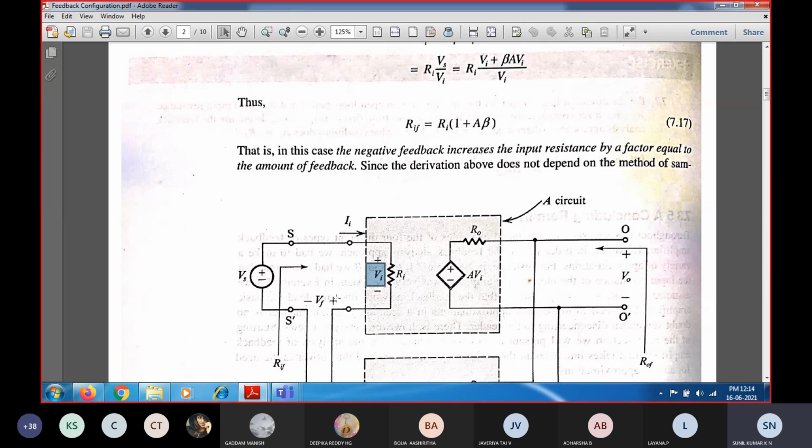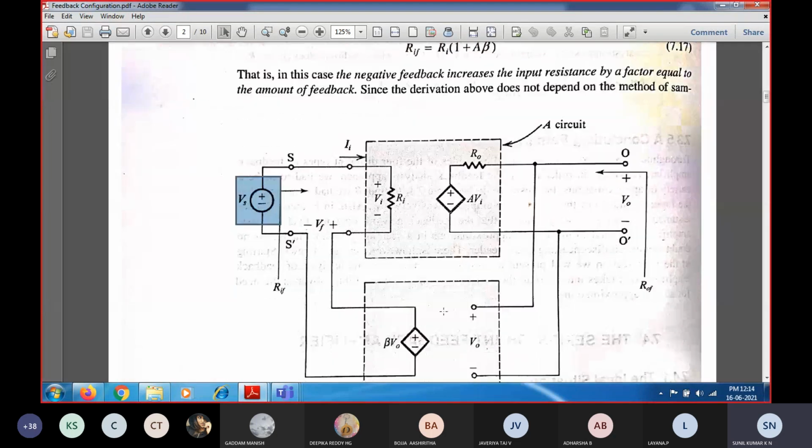This error voltage results from the mixing of the feedback signal with the input source signal. The feedback signal is obtained from the output of the feedback network, and it is mixed across the input side in order to obtain the error voltage Vi. So Vi will be equal to source voltage minus feedback voltage. That gives the error voltage Vi.